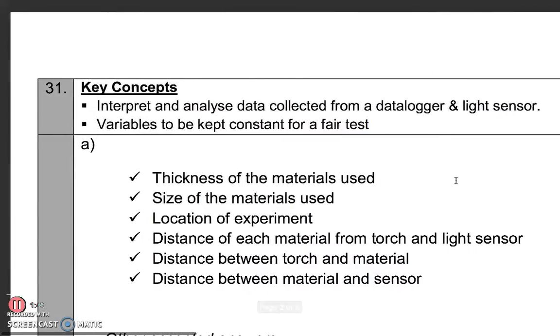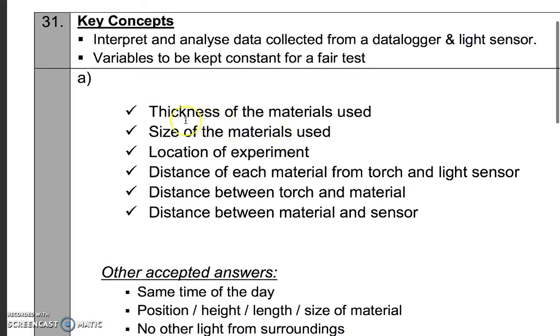The first one will actually be the thickness of the material used, or the size of the material used, the location of the experiment, okay, and the rest is the distance between the material from the torch and the light sensor, torch and the material and the light sensor.